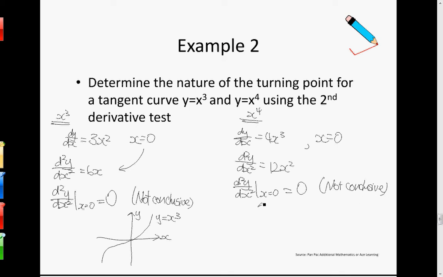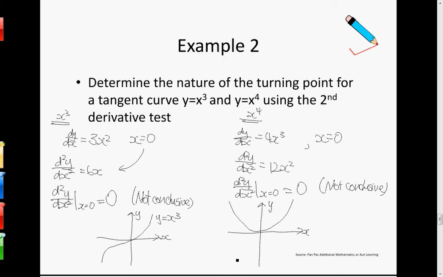If we sketch the graph, it looks something like this. In both cases we get zeros, but it is not conclusive enough to say it is a point of inflection, because there are cases where it is a point of inflection and cases where it is just a minimum point.